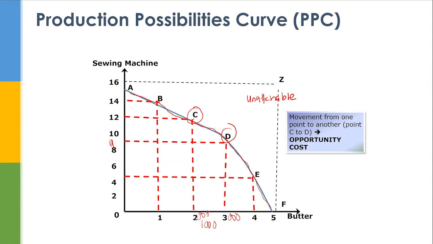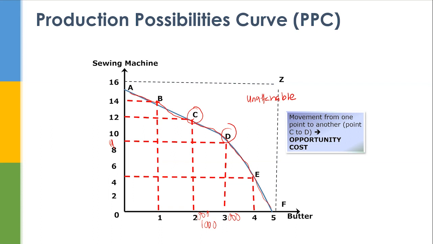So, itu adalah opportunity cost. Okay, jadinya dia nak memuaskan hati dia because maybe dia rasa 1,000 kilogram of butter lebih satisfied dia punya needs. Okay, jadi dia forgo the other option lah, the other alternative. Okay, so dia akan kehilangan another 3,000 units of sewing machine.